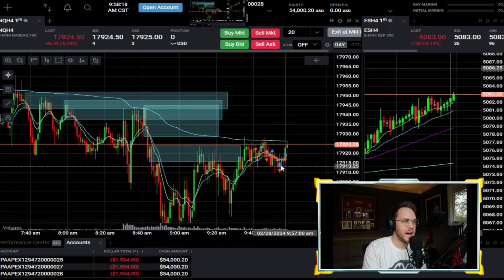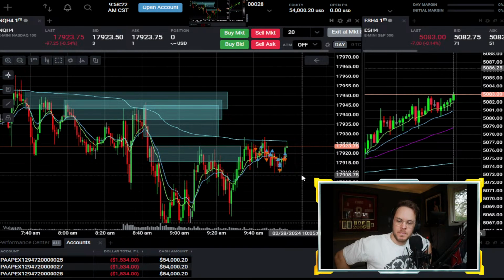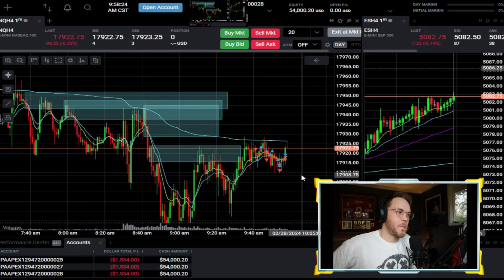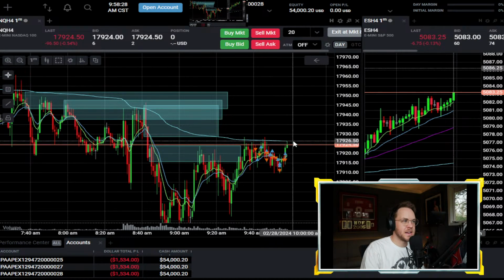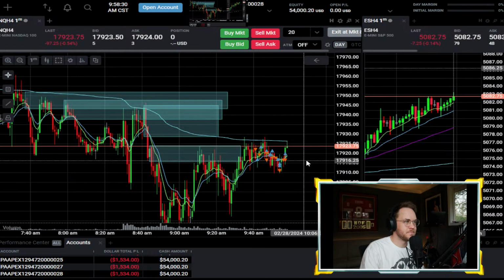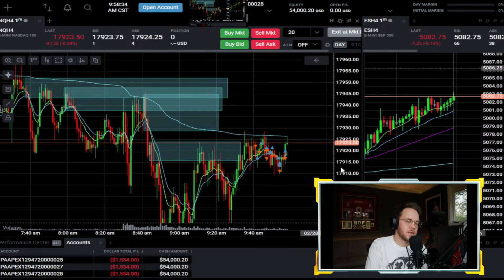And that is a failed auction to the downside right there. But then we keep failing to the upside here at VWAP. So I don't know what's happening.